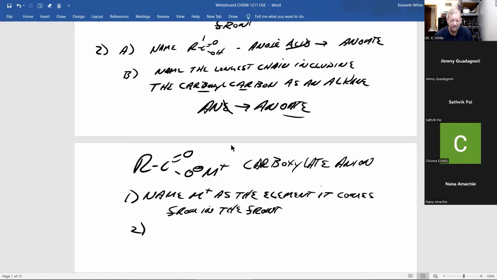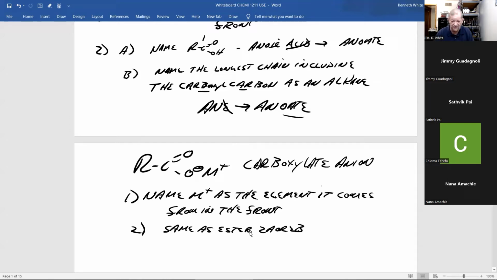And 2, same as ester, 2A or 2B. I can't resist: 2B or not 2B, that's the question. But anyways, that's how you do it.